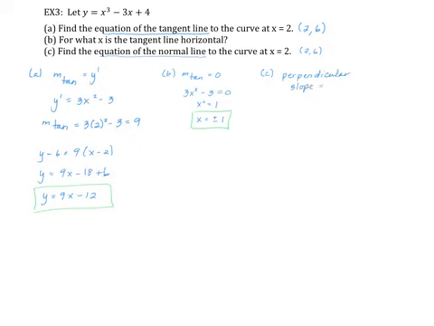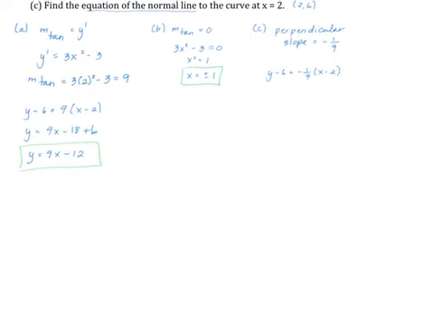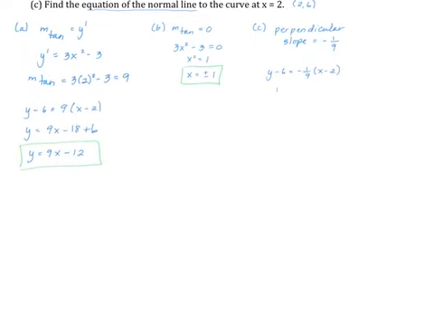means what we're going to use is, it was a positive 9 for the tangent line, so it's going to be a negative 1 over 9 for the normal line. And that's it. The equation of the normal line is y minus 6 equal to negative 1 over 9 times (x minus 2), which we again would simplify into point slope form.